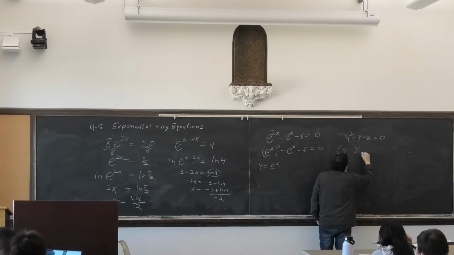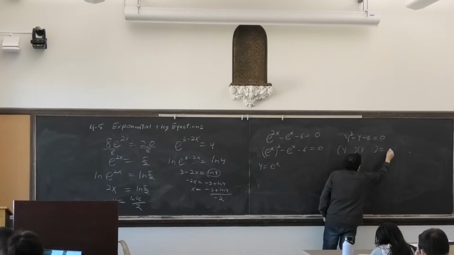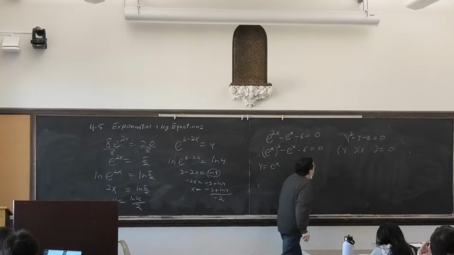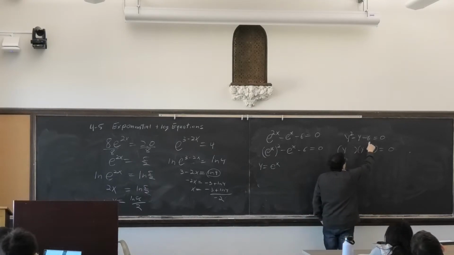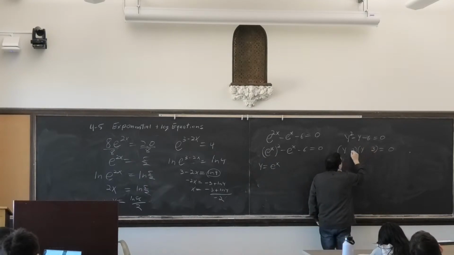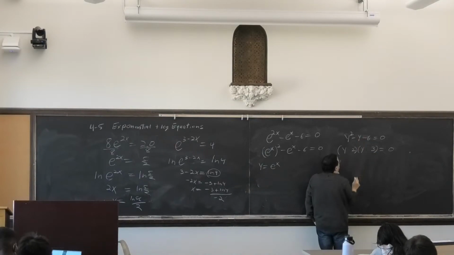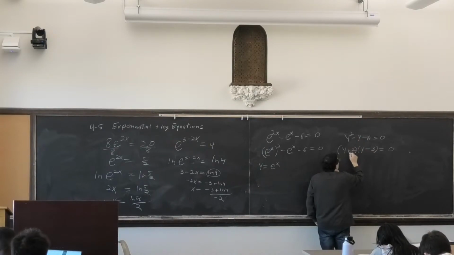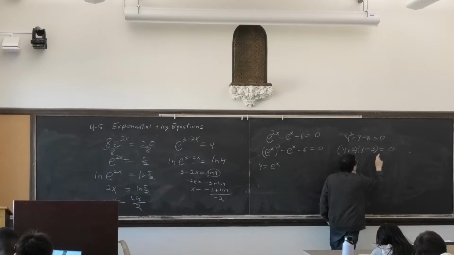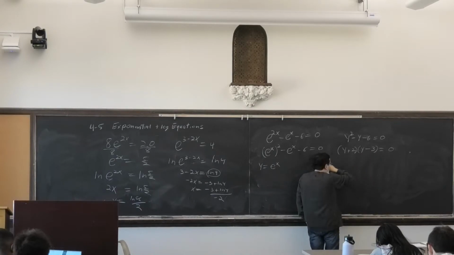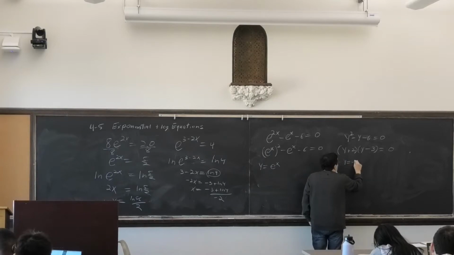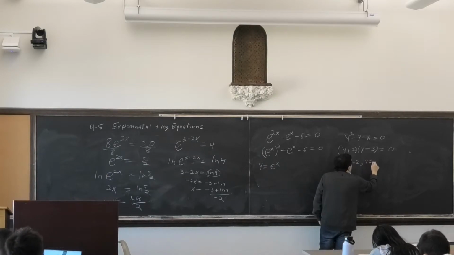Let's try this. It's either 6 and 1 or 3 and 2. 3 and 2 differ by 1. So it's going to be y plus 2, y minus 3 equals 0. So we get y equals minus 2 or y equals 3.